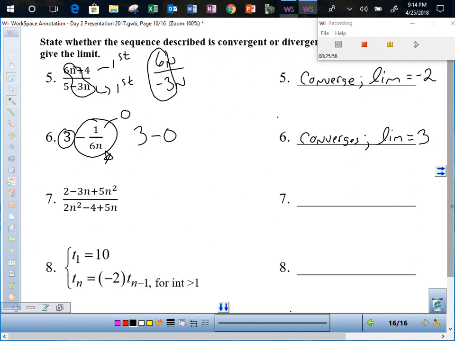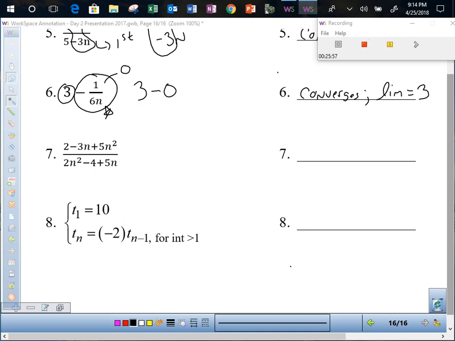See if you can get a jump start on me on number 7. Peek at your powers real fast and see if you can decide what that limit might be. Hint, hint, there is a limit. So here goes thinking. Go find your highest power. They are both n squared. That means this doesn't count, this doesn't count, that doesn't count. So I'm focusing on the 5n squared over the 2n squared.